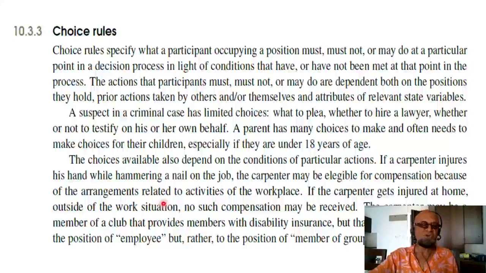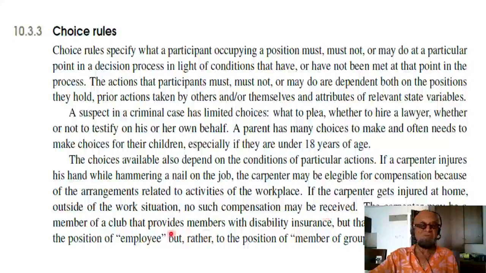If a carpenter injures his hand while hammering a nail on the job, the carpenter may be eligible for compensation because of the arrangements related to activities of the workplace. So workplace injuries are covered in many ways. If the carpenter gets injured at home outside of the work situation, no such compensation may be received.